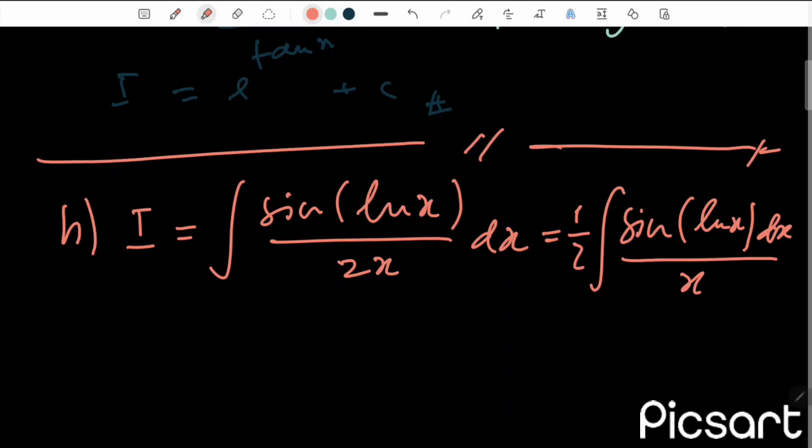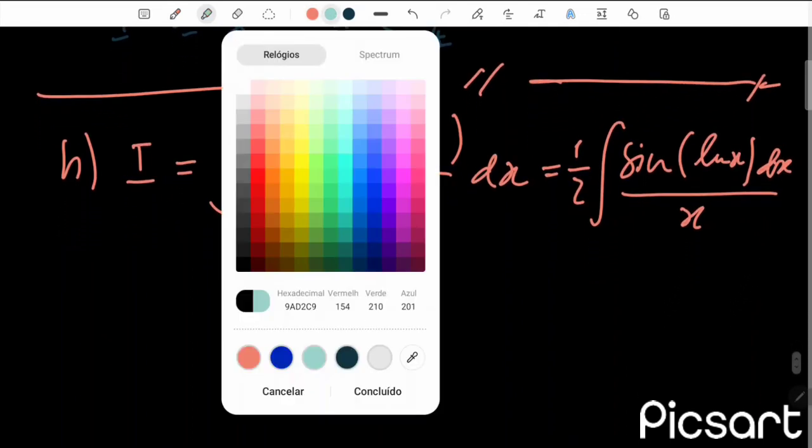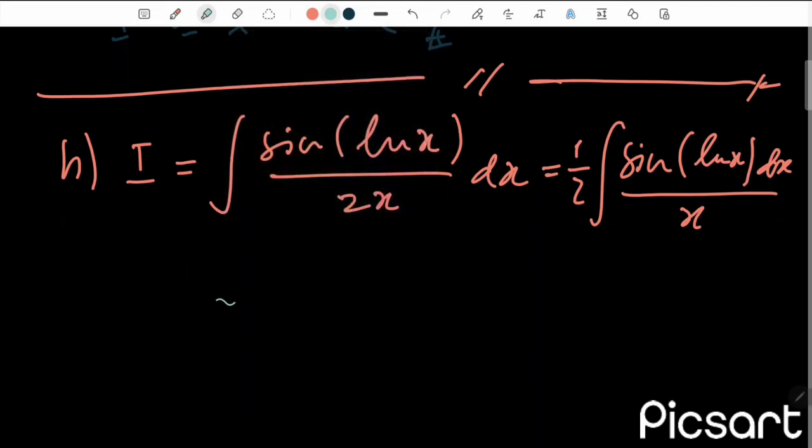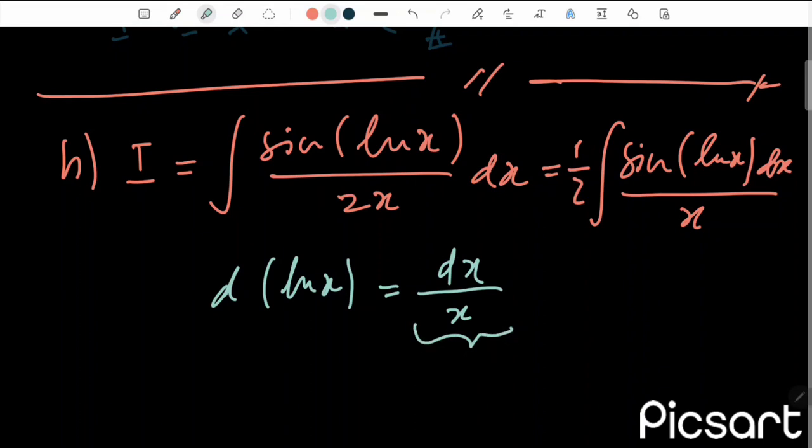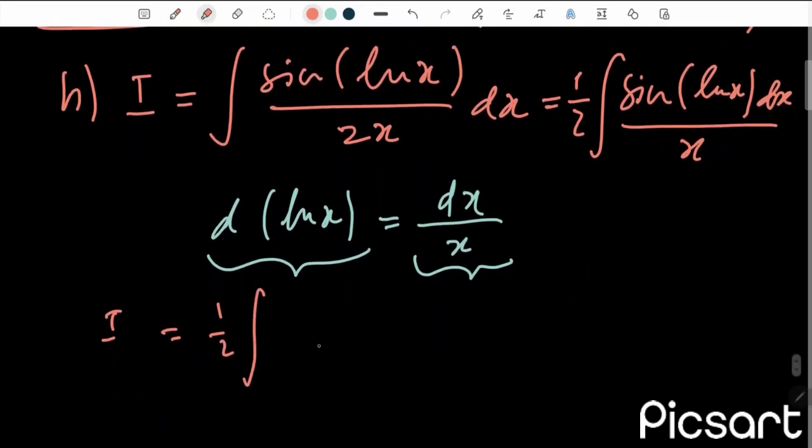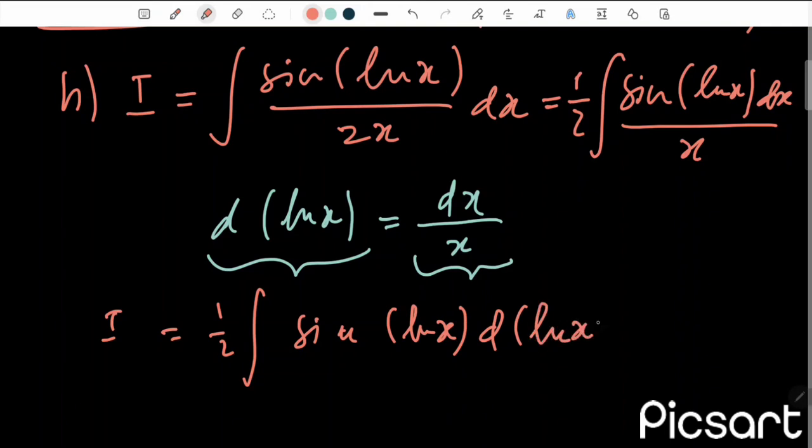x. On the other hand, we can remember here that the differential of ln of x is equal to dx over x, which means that where we have dx over x, we can substitute by this expression, and we have I equal to 1/2 integral of sine of ln of x d of ln of x.